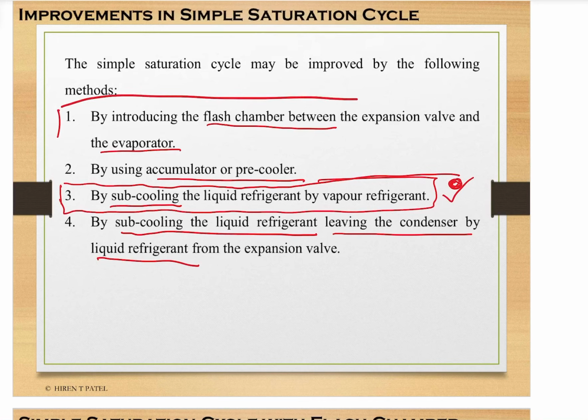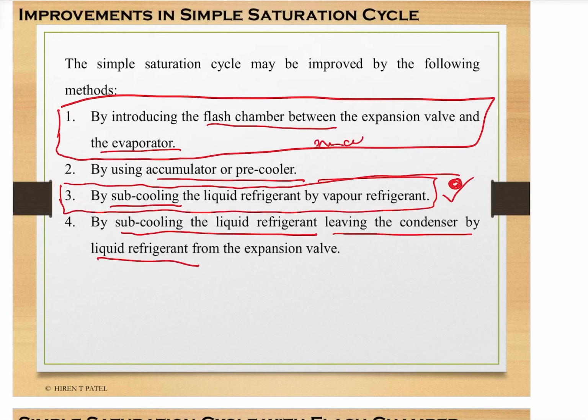The first method is utilized to reduce the mass handling and reduce the size of the evaporator, and the other two are just utilized to change the refrigerant. It doesn't affect the components and the coefficient of performance of the system.